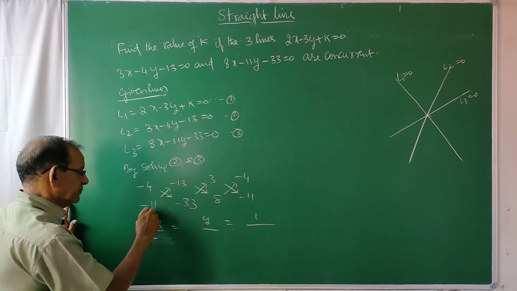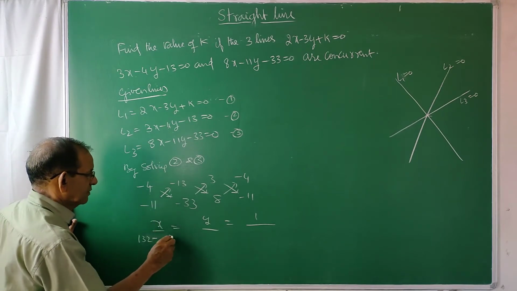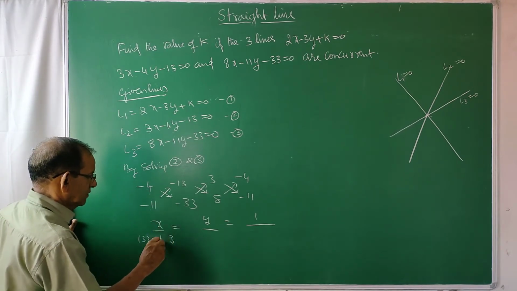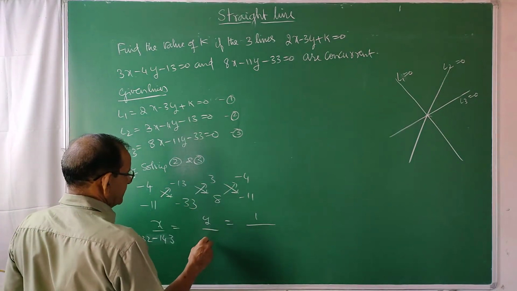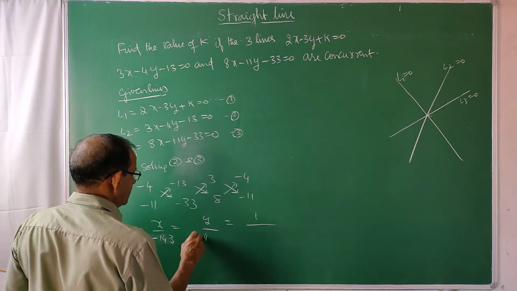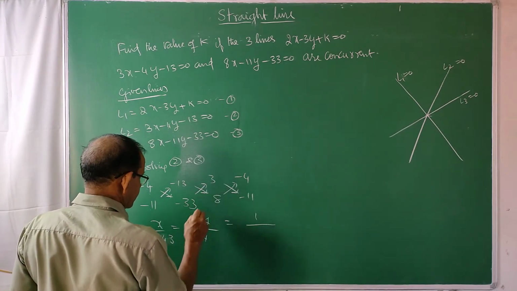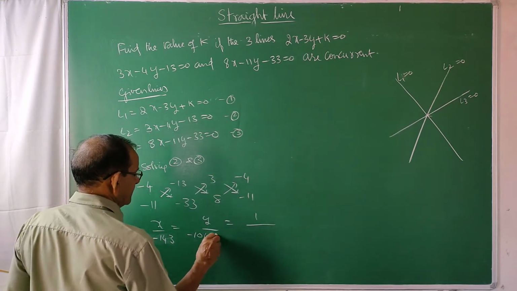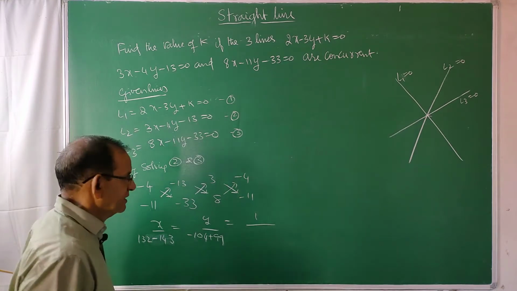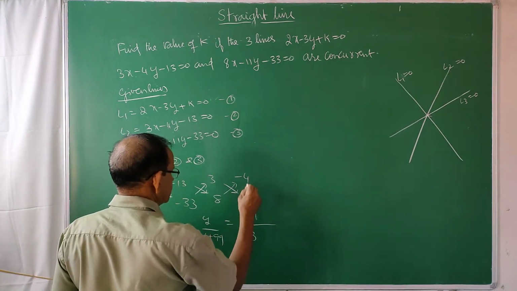So this product is positive, but you will get a negative sign here, you have to subtract it, 143. Under y, minus 13 into 8, minus 104, and 3 into 33, minus 33 into 3, minus 99, but it will become plus 99 because you have to subtract that. This is minus 33 minus minus 32, plus 32.